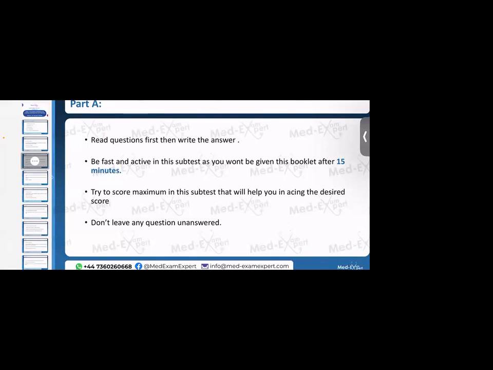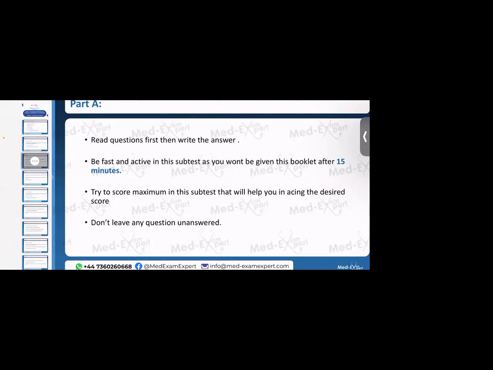Don't leave any question unanswered. This is another important point to consider, because candidates think that if they write anything incorrect, there may be negative marking, so they won't do this. This is not correct. What you have to do is never ever leave anything blank.